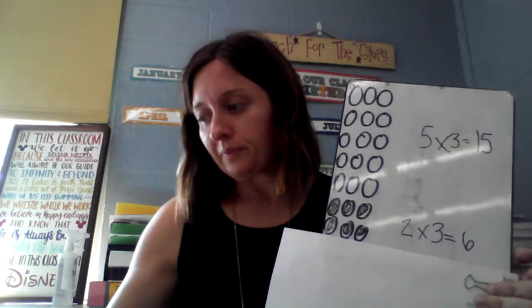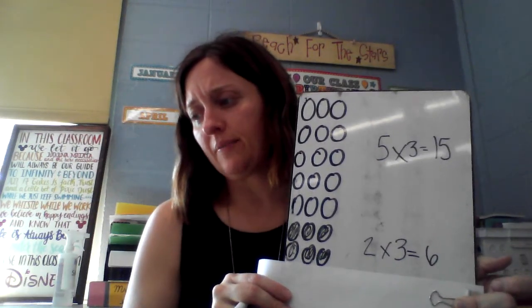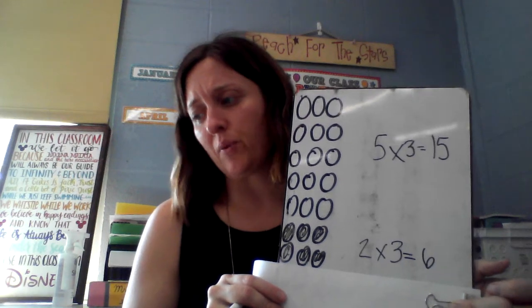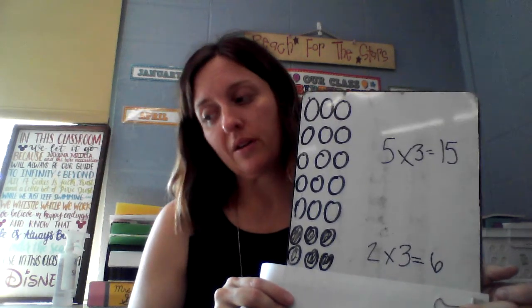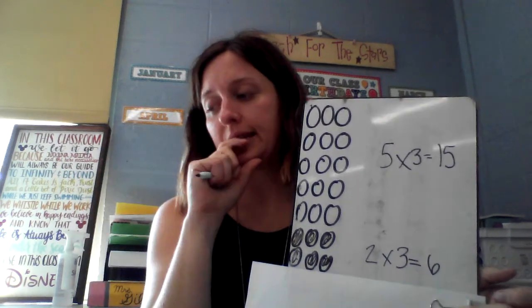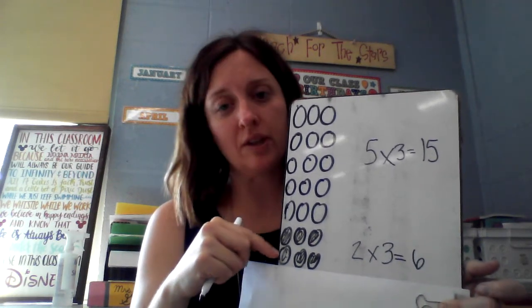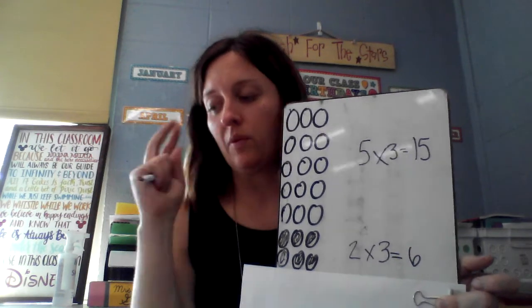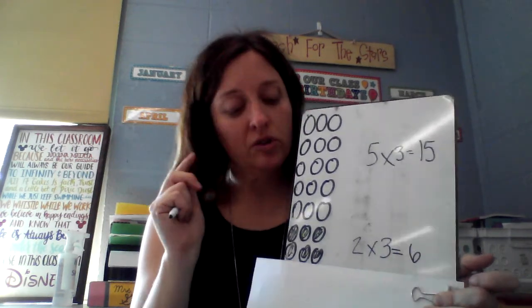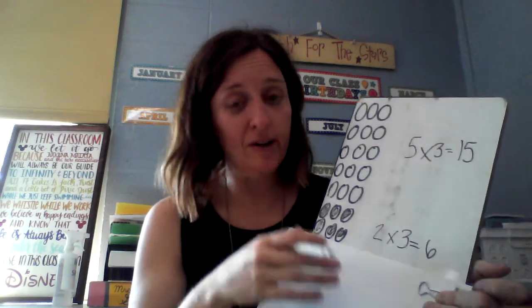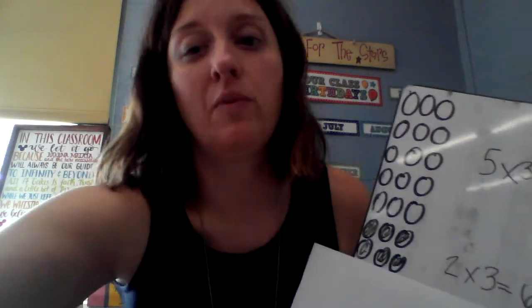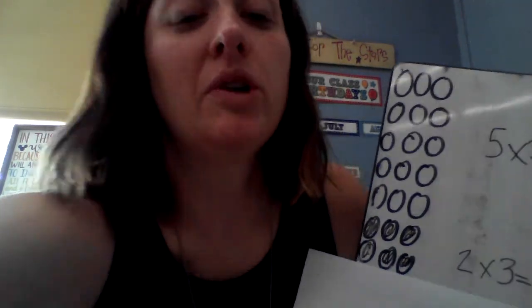Well, let's take a look at this. How many 3s are there in 5 times 3? There are 5 3s. And how many 3s did you add to 5 times 3 to make it show all 7 rows? We added 2 3s. So I could do this. Let me show you what I could write to show what we just did with our arrays.